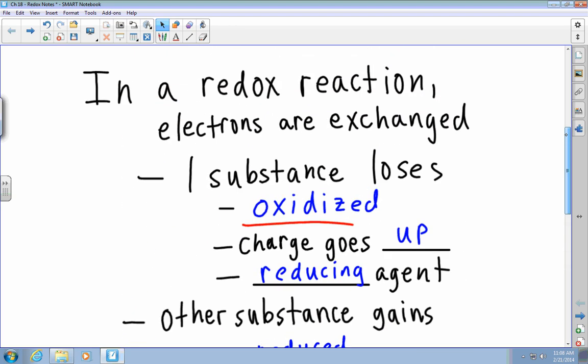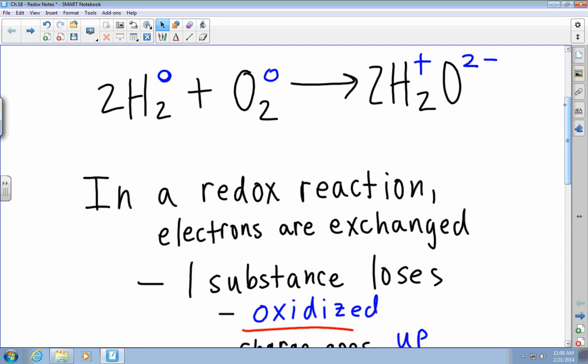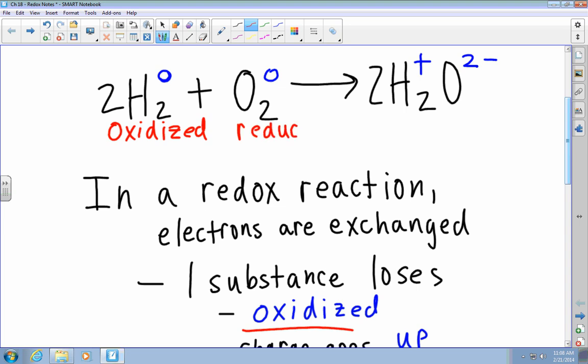So in our example above, hydrogen is oxidized, and we know it's oxidized because its charge is going up. It's going from 0 to +1. And oxygen is being reduced. Its charge is going down.